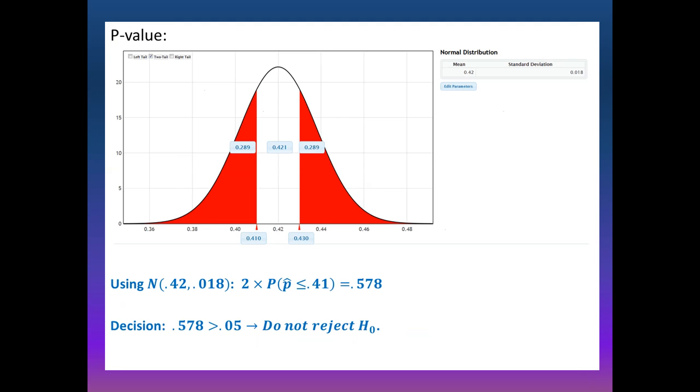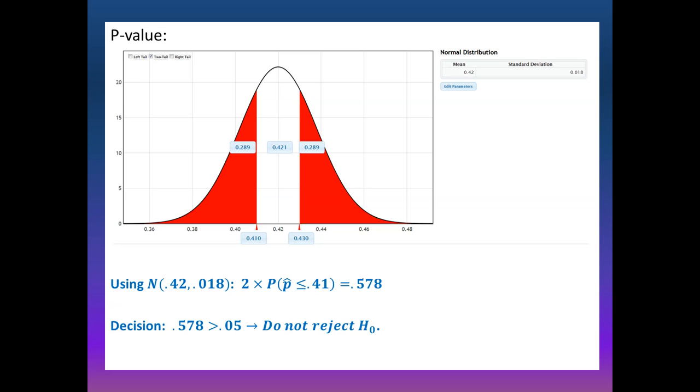And here's the p-value. It is a gigantic p-value, like we would have anticipated. This is done using a normal distribution with a mean of 0.42 and a standard deviation of 0.018, where then you can just use p hat as the cutoff. It's a two-sided alternative, so I have 2 tails selected in the upper left, and then the only thing I had to specify was the 0.41 because that was our p hat.